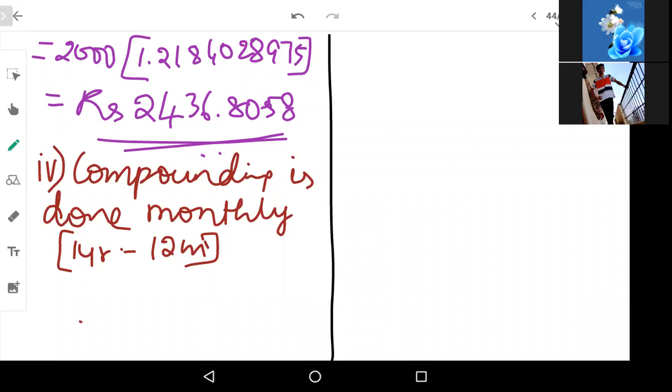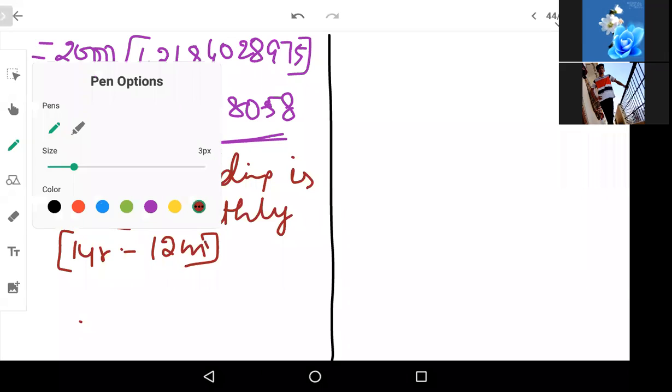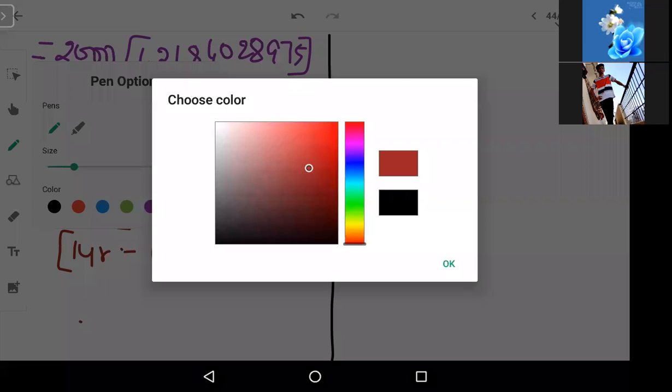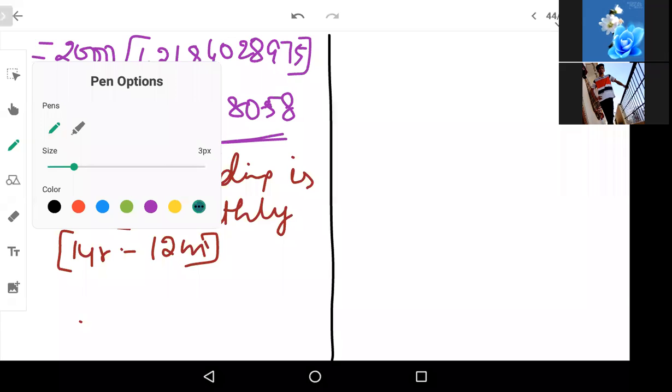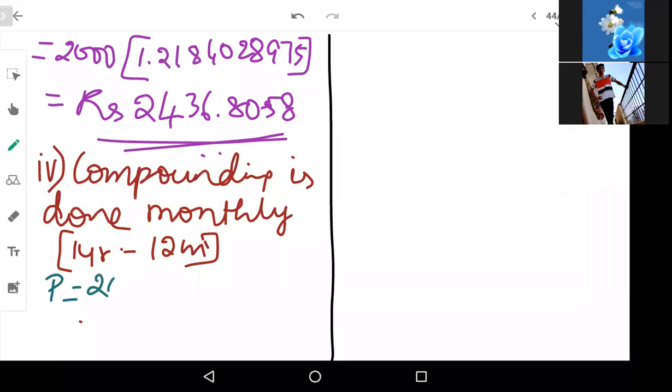In 1 year we have 12 months. So let us write what all is given to us. Principal is 2000. Time is 2 years. Correct? So in 2 years, how many months we'll have? In 1 year, we'll have 12 months. So in 2 years, we'll have 24 months.